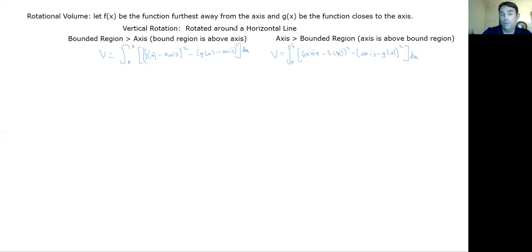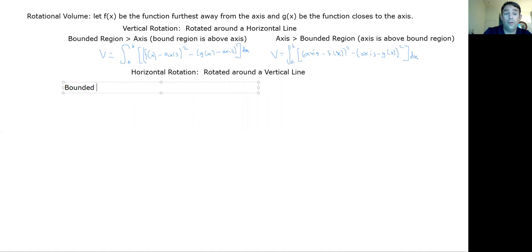And then we also had our horizontal rotations. And that's where we rotate around a vertical line. So in this one, let's throw these up here.